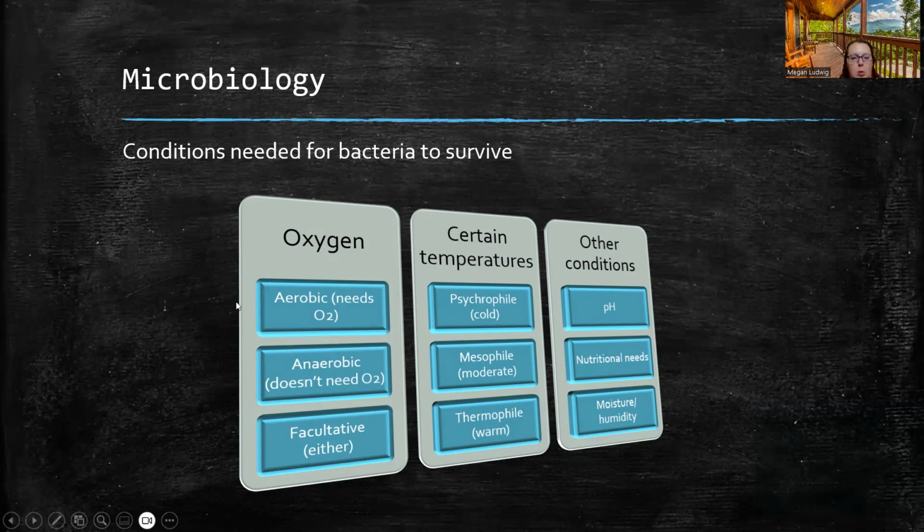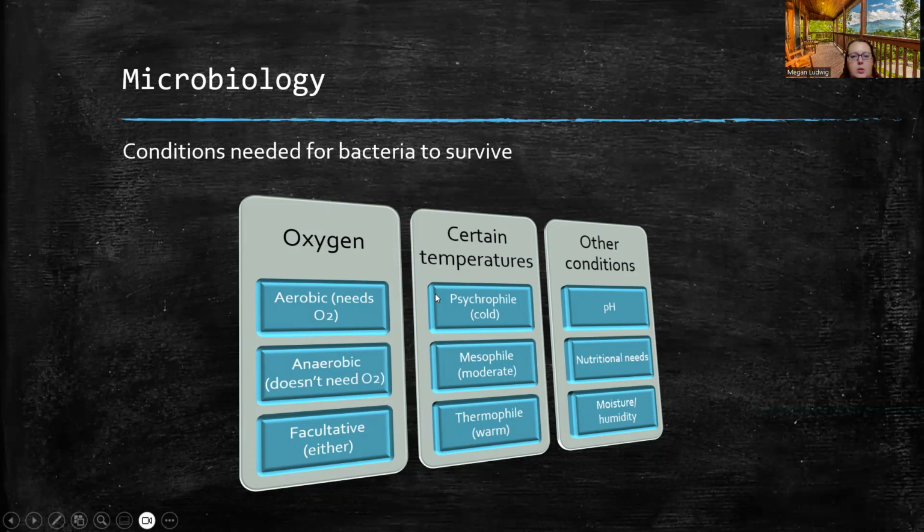Those would be aerobic. Aero means air. So aerobic needs O2, or oxygen. Anaerobic is the opposite. They don't need oxygen to survive. They can live deep in the tissues of the body and still thrive without oxygen. And then the term facultative means it can go either way. They don't care. They can survive with or without oxygen.